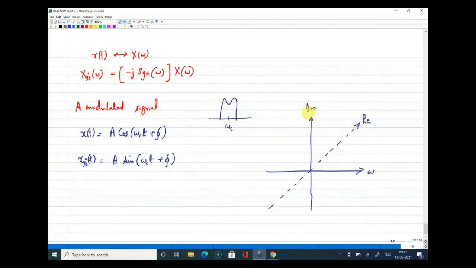Initially at omega c and minus omega c, you'll have components like this. Now after the 90-degree phase shift operation, this will be shifted towards this side with a 90-degree clockwise direction, and here you will have an anti-clockwise movement. All right. This is just to represent the modulated signal.